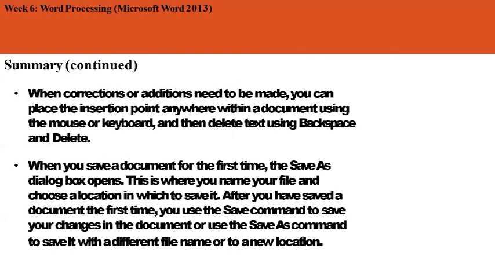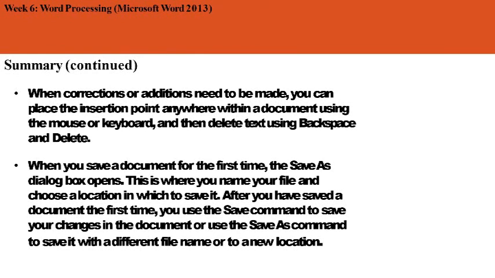So when corrections or additions need to be made, you can place the insertion point anywhere within the document using the mouse or a keyboard. And then you can also delete text using the backspace or the delete key. So when you save a document for the first time, the Save As dialog box opens.